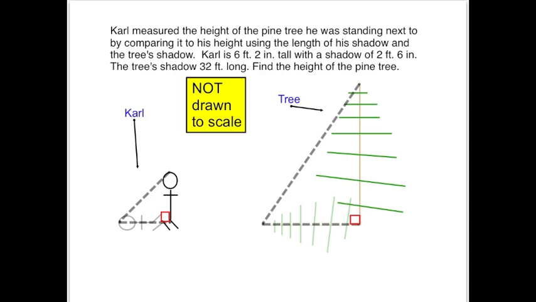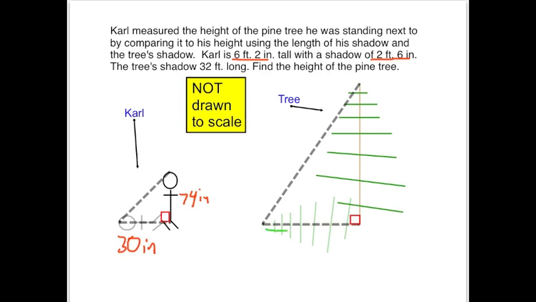So 6 feet is the same as 72 inches, because there are 12 inches in a foot. So therefore 6'2" is 74 inches. So Carl is 74 inches tall. His shadow is 2 feet 6 inches long, which is 2 times 12 plus 6.